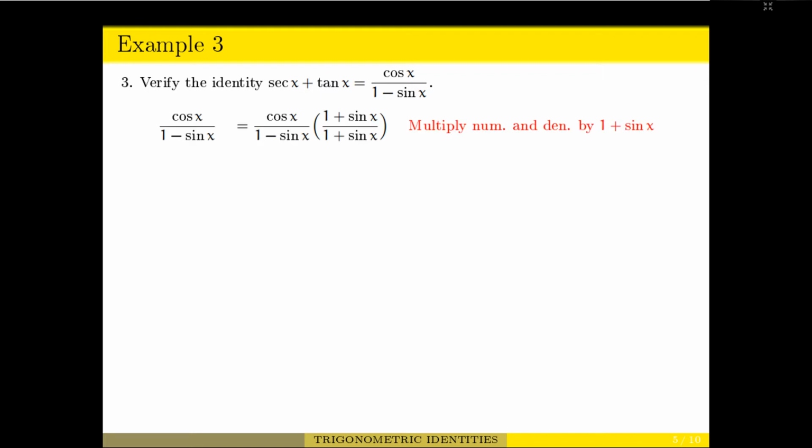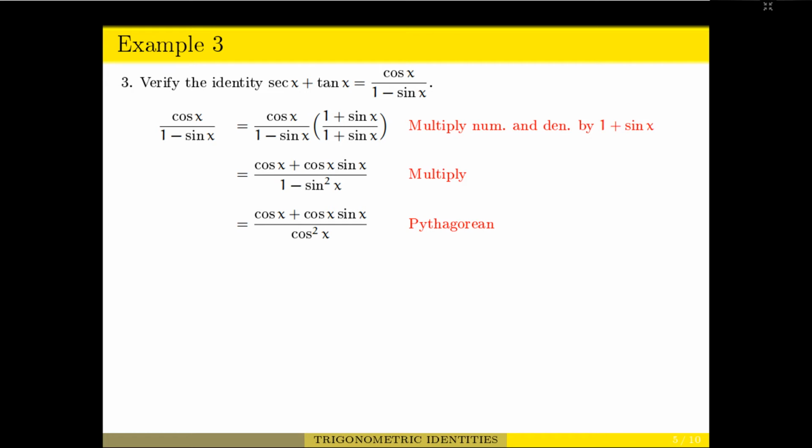Multiplying both numerator and denominator by 1 plus sine x will give us the fraction cosine x plus cosine x sine x over 1 minus sine squared x. Now notice that the denominator is now an identity, a Pythagorean identity, so we can rewrite the denominator as cosine squared x.